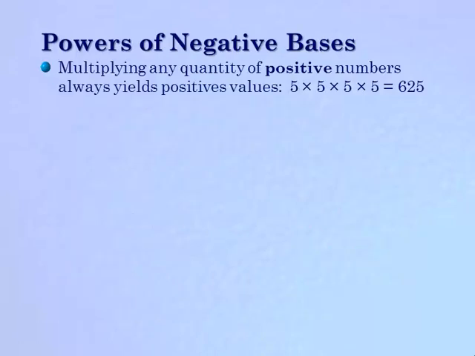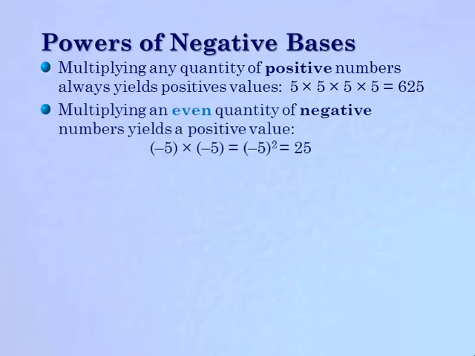Now, multiplying positive numbers always yields positive values. However, if we have negative numbers, multiplying an even quantity of negative numbers will yield a positive value. So, for example, if we multiply negative 5 times negative 5, that equals negative 5 squared, we'll get 25, a positive number.